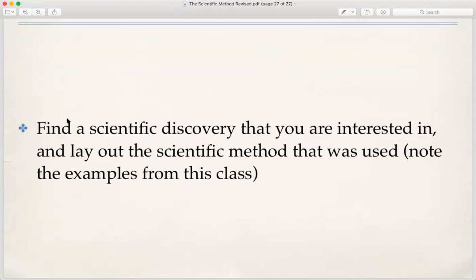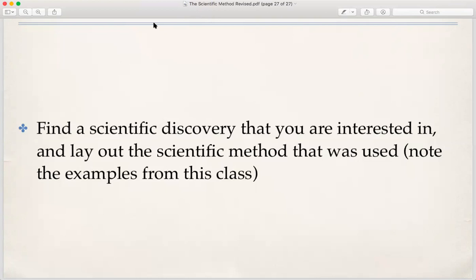Well, I want you to lay out a similar method, but for an actual scientific discovery that you're interested in. So other than the examples from our class, if you're interested in, say, economics, then find a really cool economic thing that was discovered and introduce it to me in this way.